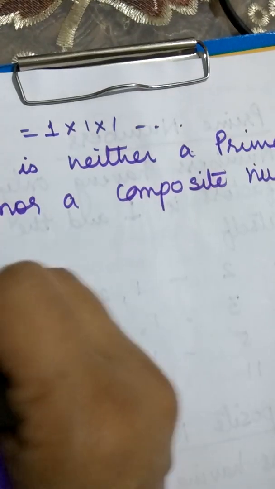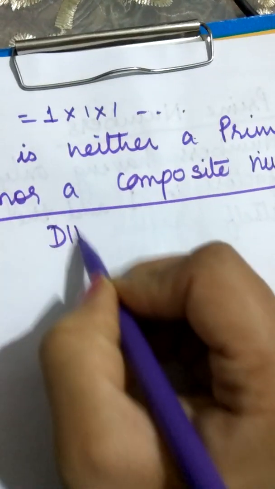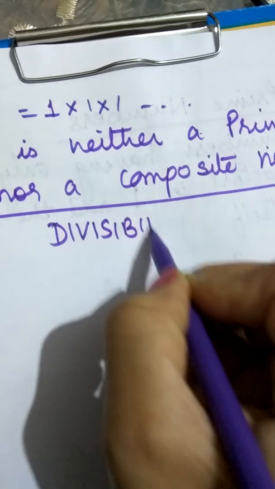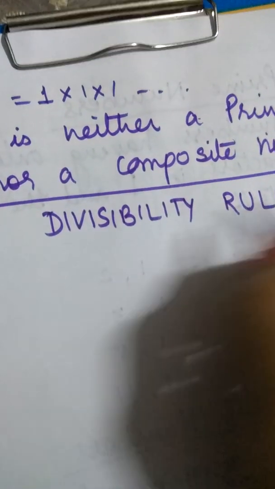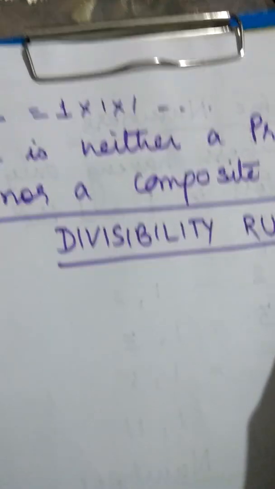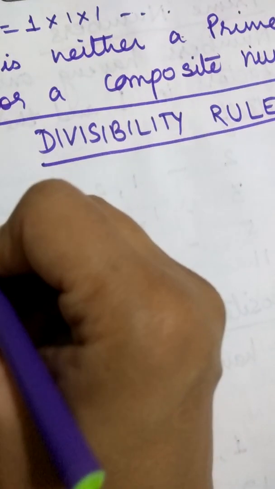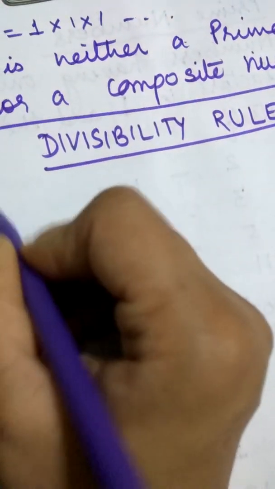Now let's come to the divisibility rules. As we have seen, the only even prime is 2 because all other even numbers are multiples of 2. So the first divisibility test we will take up will be the divisibility rule of 2.